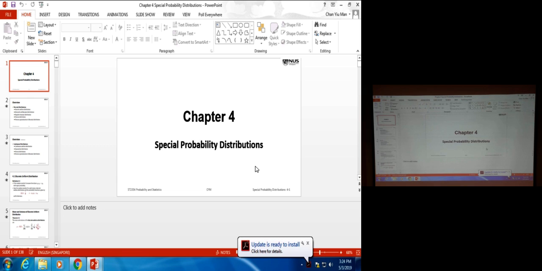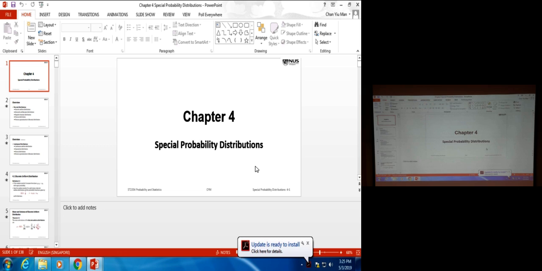Then we look at real-life problems that we encounter, try to formulate and identify the problem using a random variable, and see whether the behavior of this random variable belongs to one of those very popular distributions.